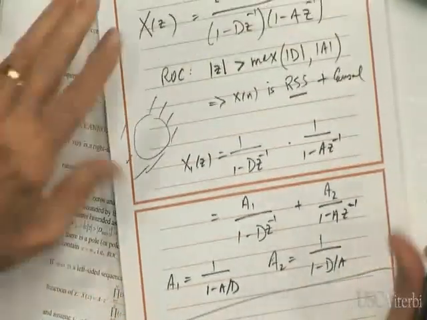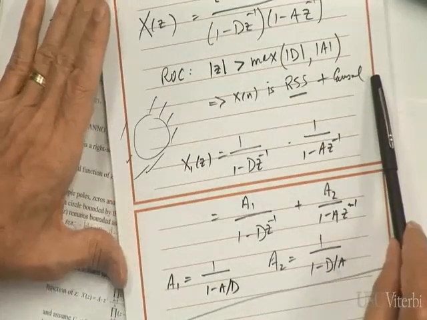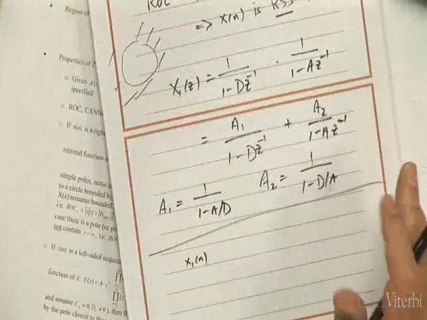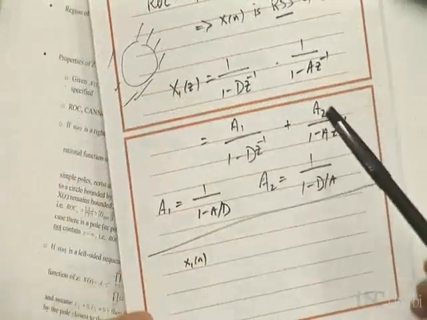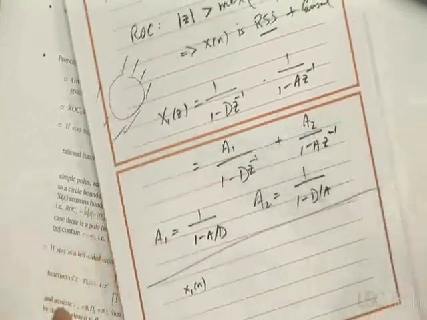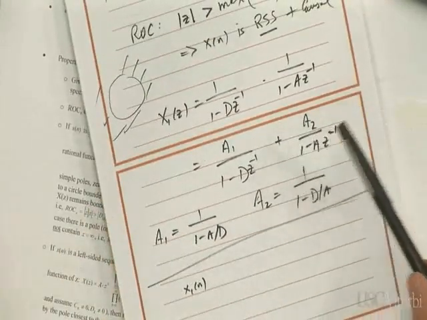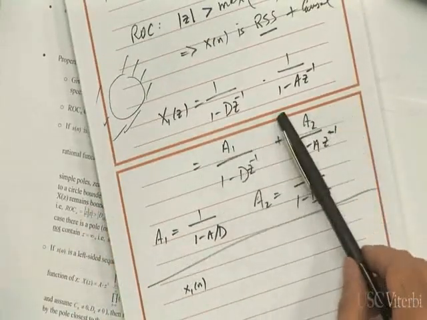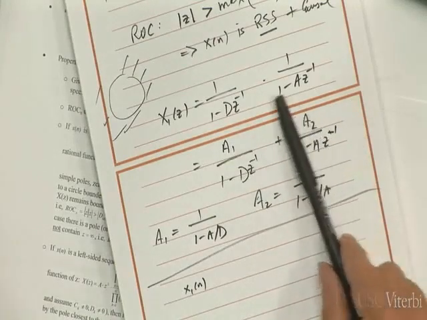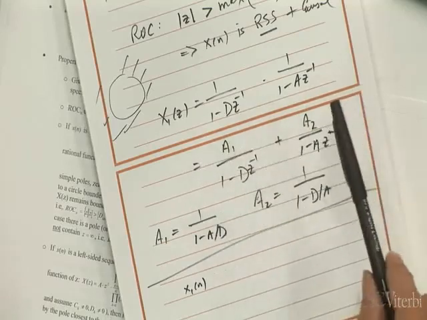But you have a pretty good clue from the fact that x of n has to be right-sided. What's going on is the region of convergence is magnitude of z greater than d or greater than a, whichever one's larger. So in both cases, you can use the same geometric expansion to invert these transforms like we just did.